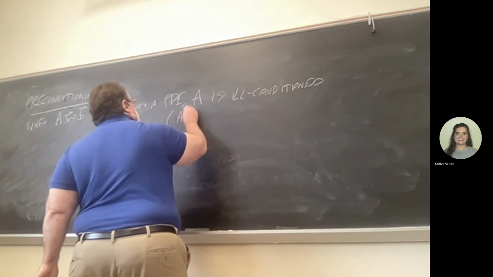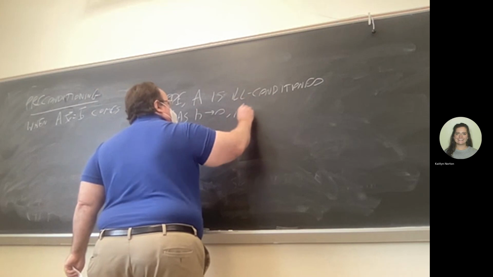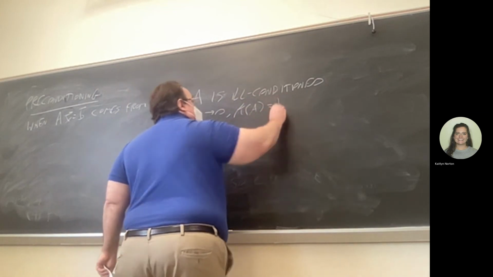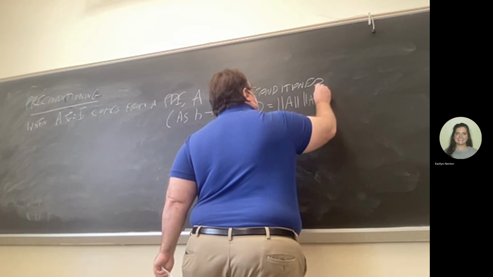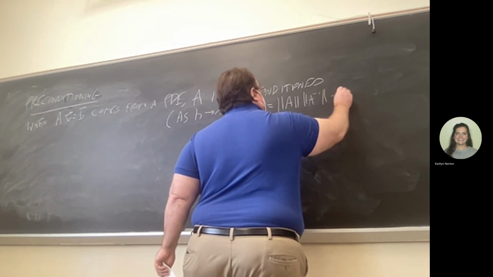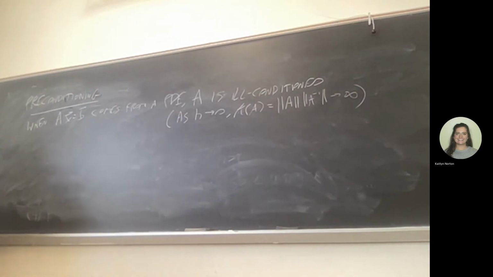In fact, as you add more grid points, as your spacing h goes to 0, the condition number of A, which as you learned in 610 is the norm of A times the norm of A inverse, goes to infinity. So poor resolution, even worse conditioning, which causes numerical methods, all kinds, a lot of problems.